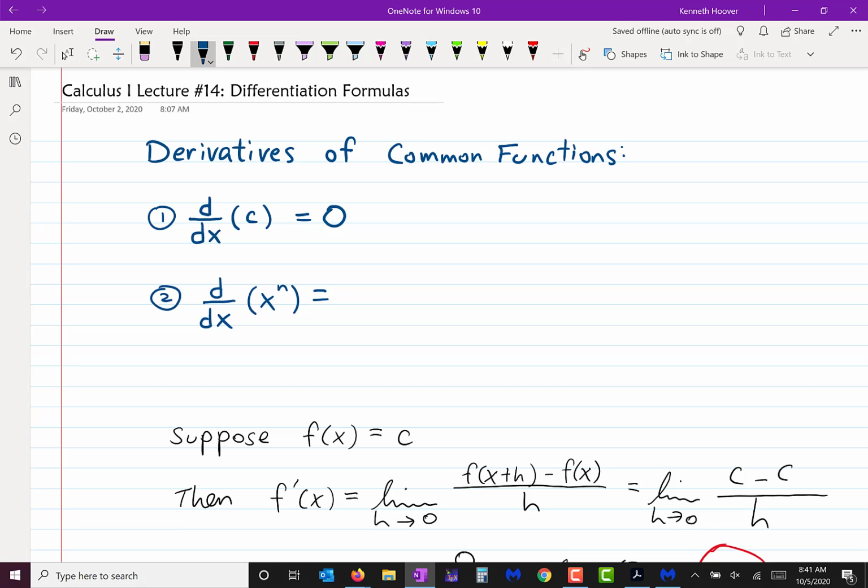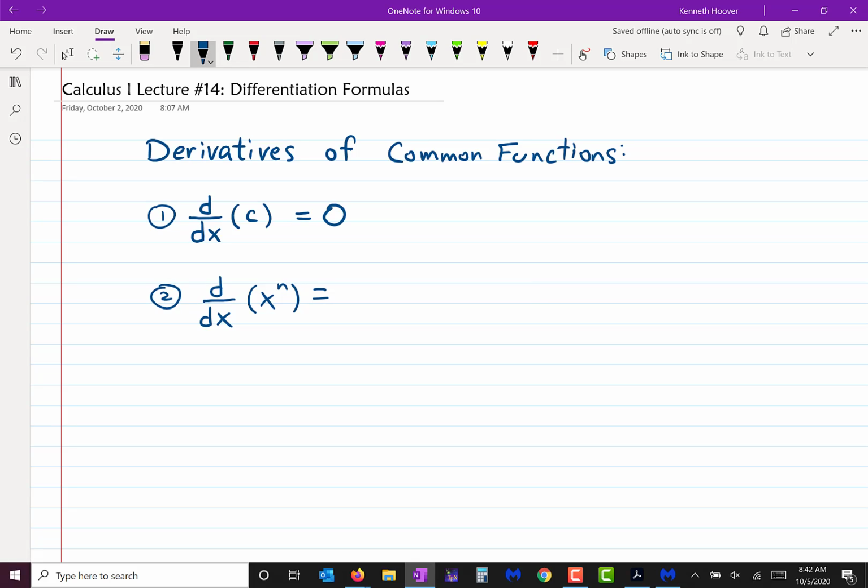I can't prove that for you now. You need to learn a lot more first. In fact, we don't finish proving that until Calc 2. So just so that you can see how it works, I'm going to prove it for you when n is a non-negative integer. Okay, but the formula is true for any real number n.